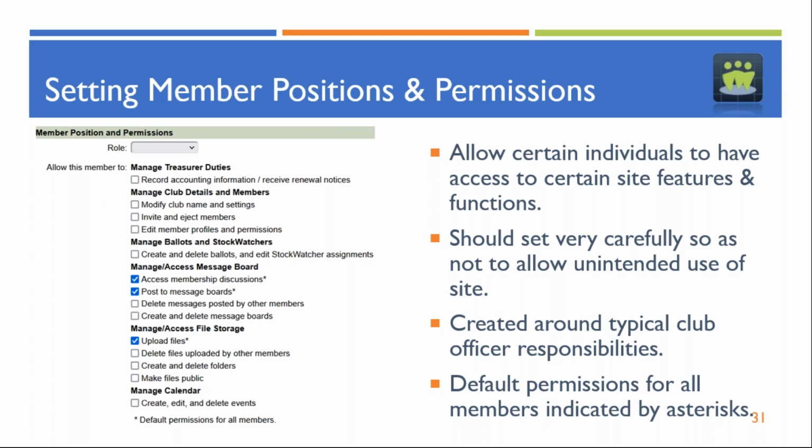So for instance, ballots and stock watcher assignments might be undertaken by a portfolio manager or by the secretary. Or the file storage might be managed by the secretary, the calendar. You get to decide who handles that information, and we definitely suggest that you delegate within your club, that you spread it around, that you have different specific roles.